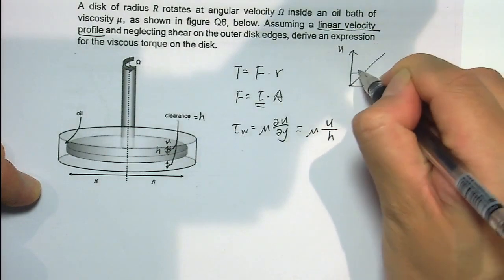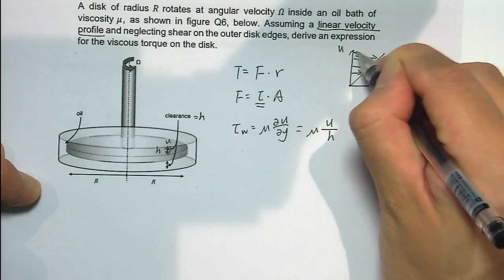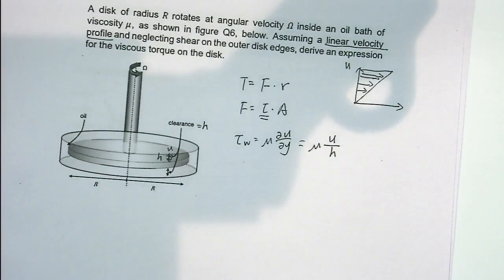So tau is mu times u over h, because the velocity here is linear. The u is the velocity at this position, and the h is the height of the clearance. But now we don't know the u.